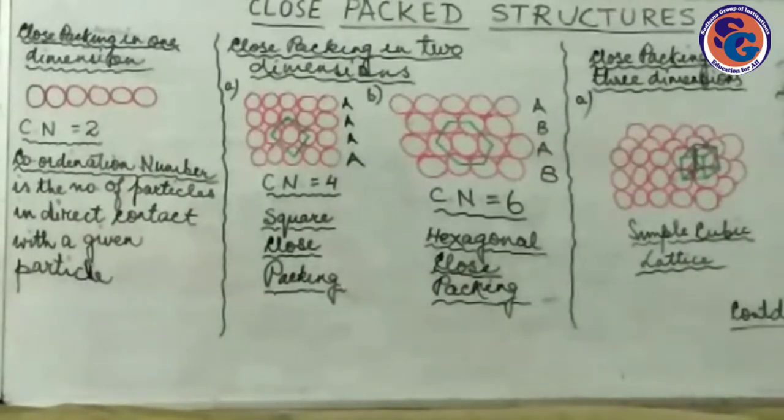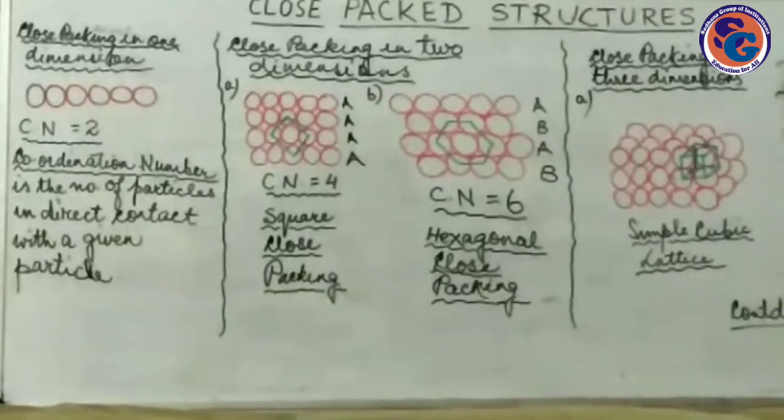This results in the formation of a cubical structure. Because of this cubical structure, this type of lattice is known as simple cubic lattice in 3 dimensions, and its unit is known as primitive cubic unit cell.